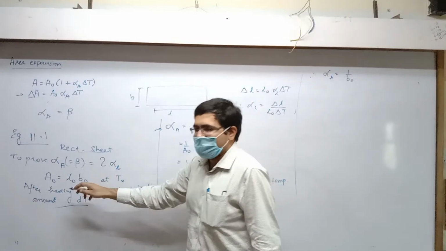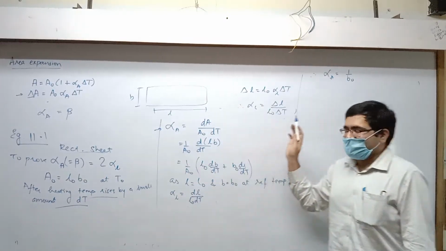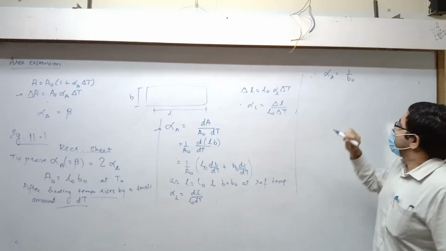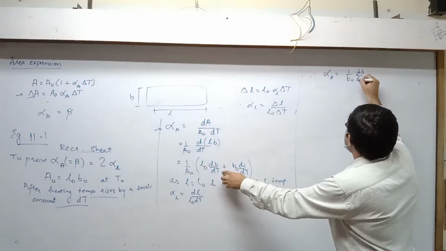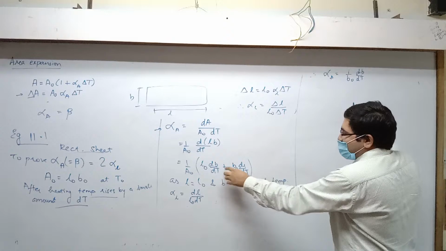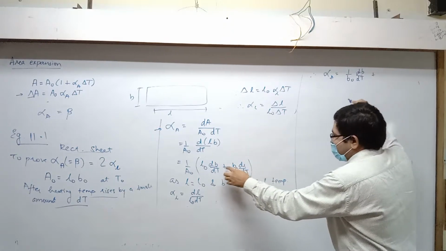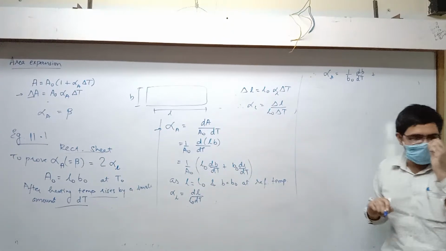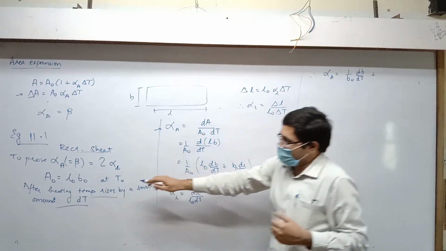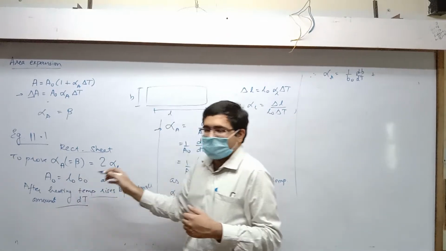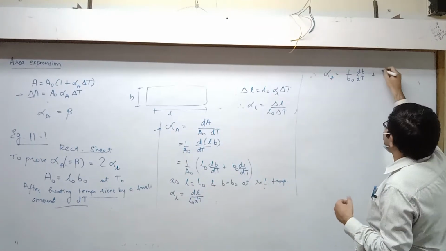L0 by A0 is 1 by B0. Clear or not clear? Okay, what's next? dB by dt plus B0 by A0. What is B0 by A0? B0 by A0 is 1 by L0. Clear or not clear?